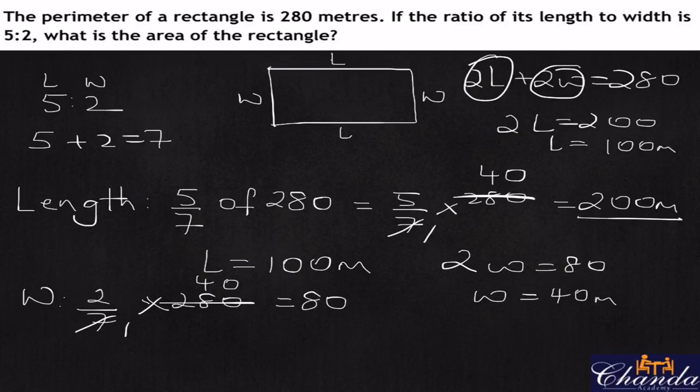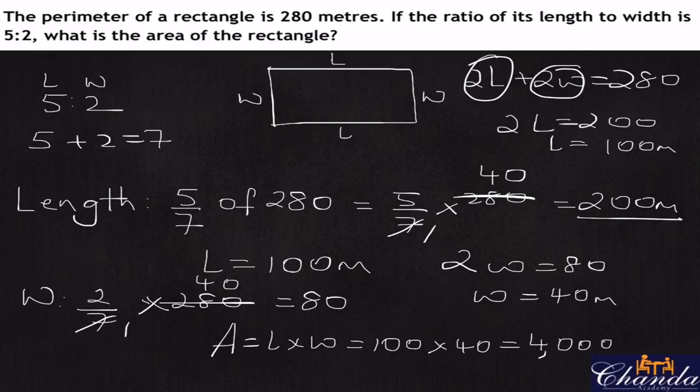Since the length is 100 meters and the width is 40 meters, the area is simply length times width, which is 100 times 40, giving me 4,000 meters squared. The area of the rectangle is 4,000 meters squared.